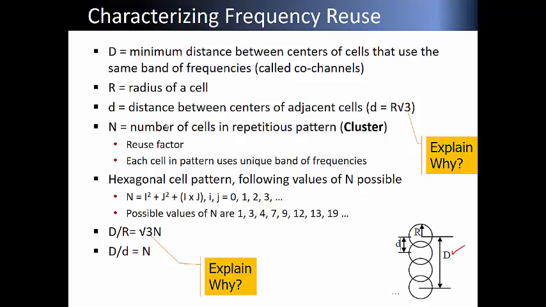And uppercase R means the radius of a cell. So each cell has a radius, a big R. And small d is the distance between centers of adjacent cells.